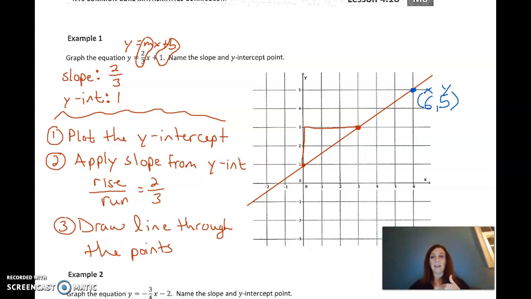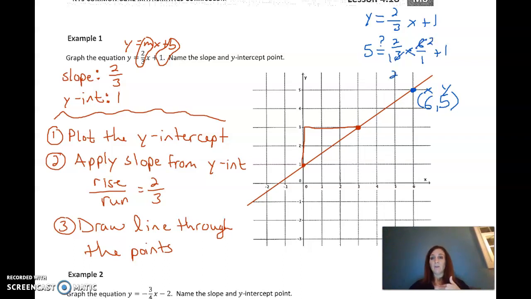If I plug that into y equals 2/3 times x plus 1, our equation right here, I can ask, does 5 equal 2/3 times 6, so I'm going to write 6 over 1, plus 1? Well, if I cross reduce, 3 goes into itself 1 time, 3 goes into 6 2 times.